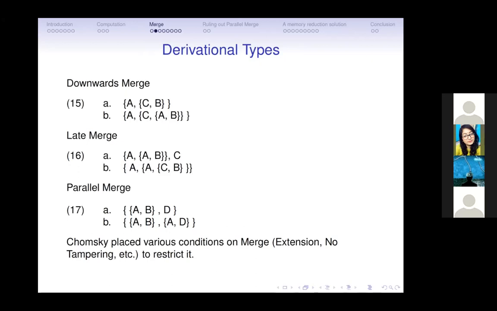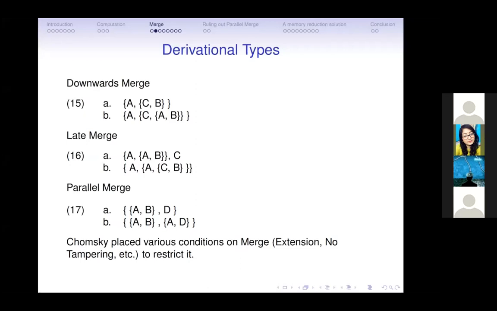There are some analyses, but most people think that they're not the right analyses. It also allows you to have something called late merge, which I'm not going to talk about. And it also allows you to have something called parallel merge, where you have essentially one constituent and then you merge from inside that constituent to another constituent, which is just somewhere else entirely, okay?